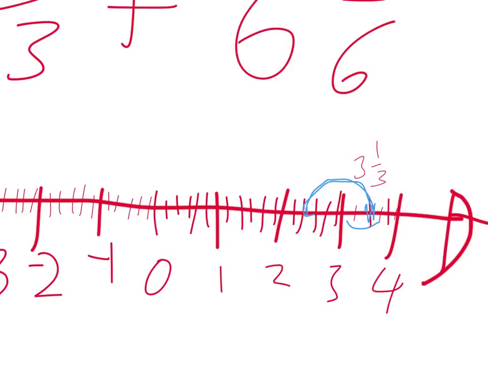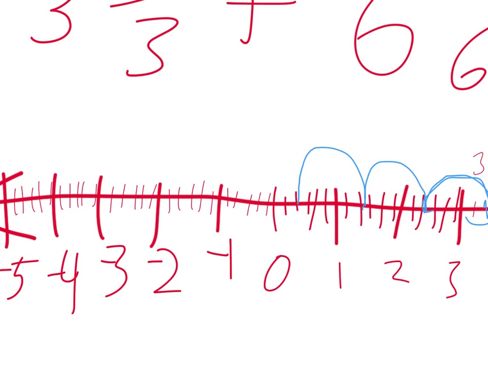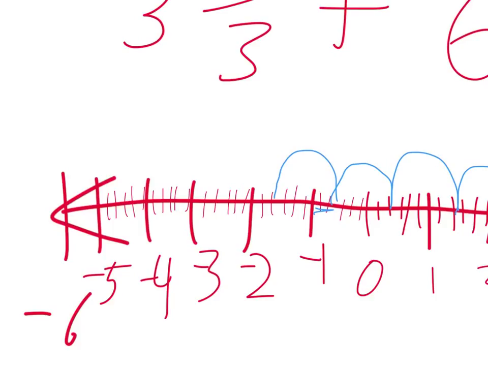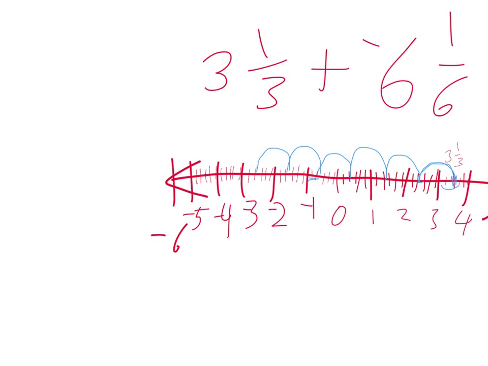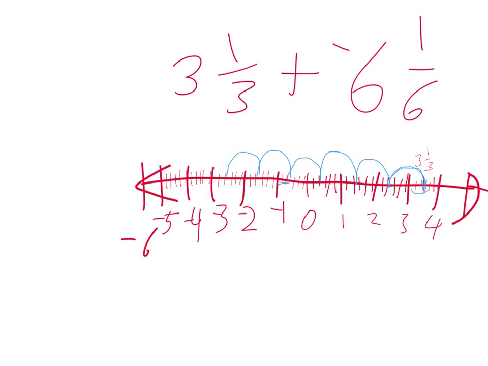And then I go back 2 whole numbers, 3 whole numbers, 4 whole numbers. I'm going right here to the 2/6, which is equal to 1/3. So I'm at 4, 5, 6. So I've gone back 6 whole numbers. Now I need to go back another 1/6.